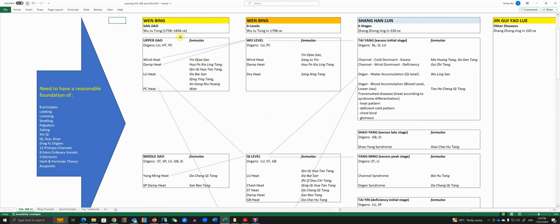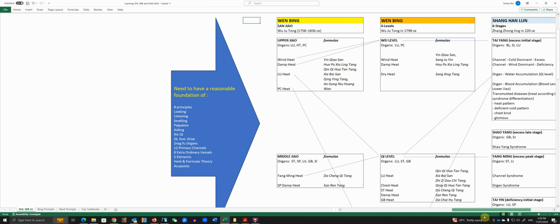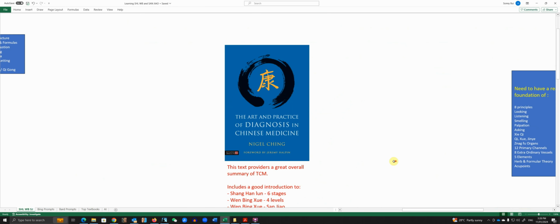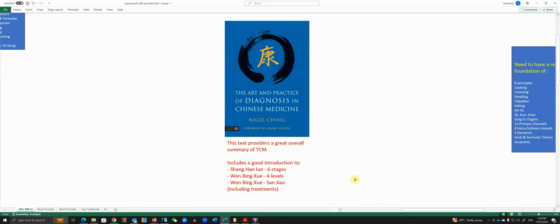Now, how did I come to this summary? It's a combination of lecture notes, but probably the main thing that helped me was this book here. It is a very well written book that tries to cover all aspects of Chinese medicine.